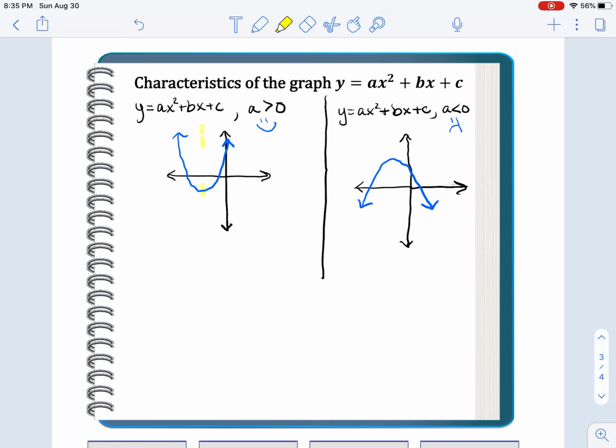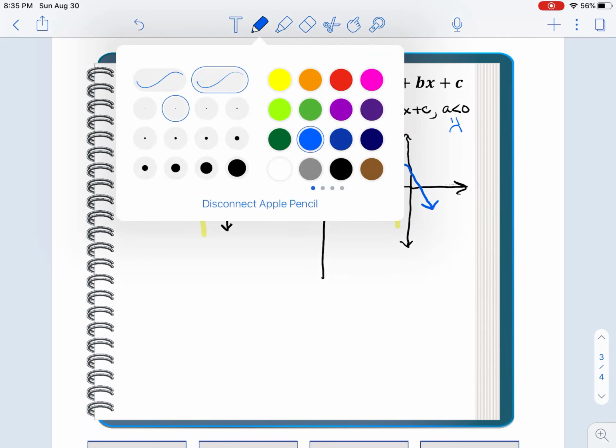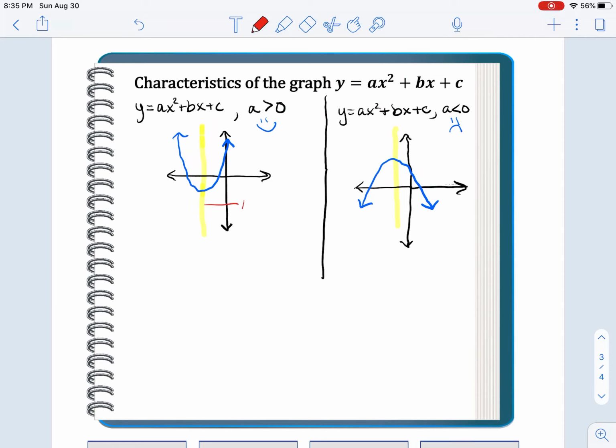In terms of our other pieces, the axis of symmetry is right there, and we're going to label that. So our axis of symmetry, which will always be x equals something. We have our vertex.